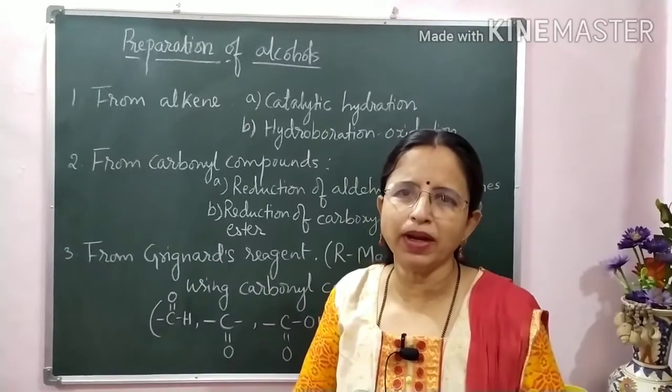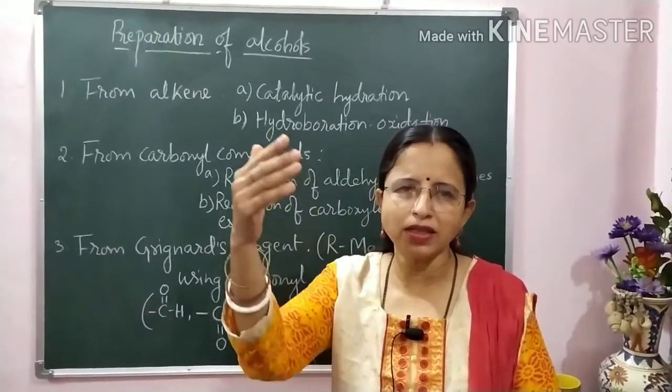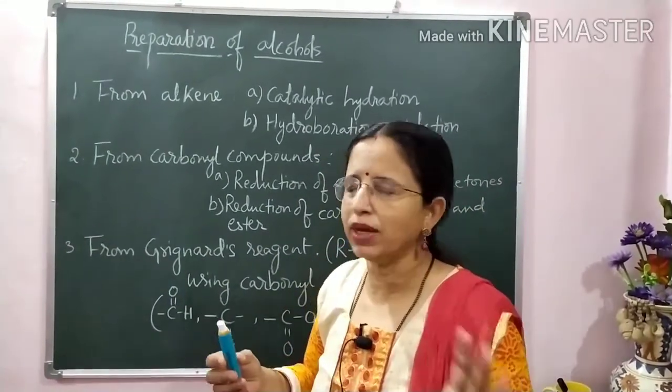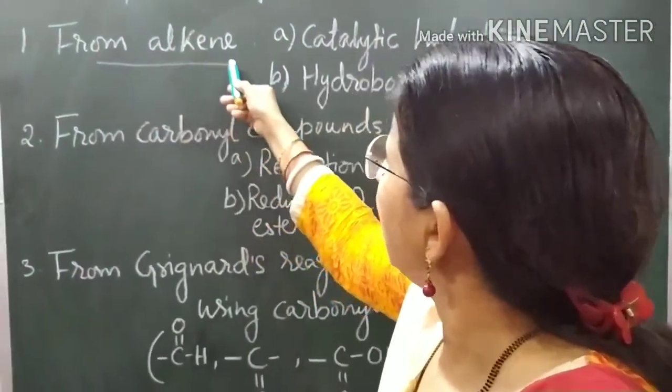Alcohols can be prepared by three methods. Basically by three methods, and those three methods are again subdivided into one or two sub methods. So alcohols can be easily prepared from alkenes.